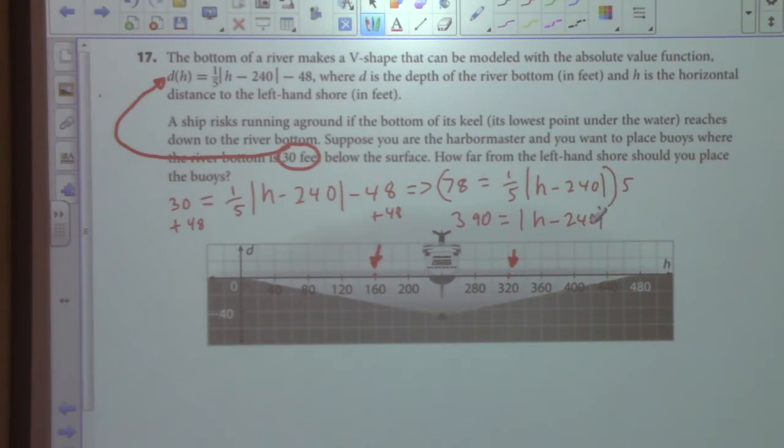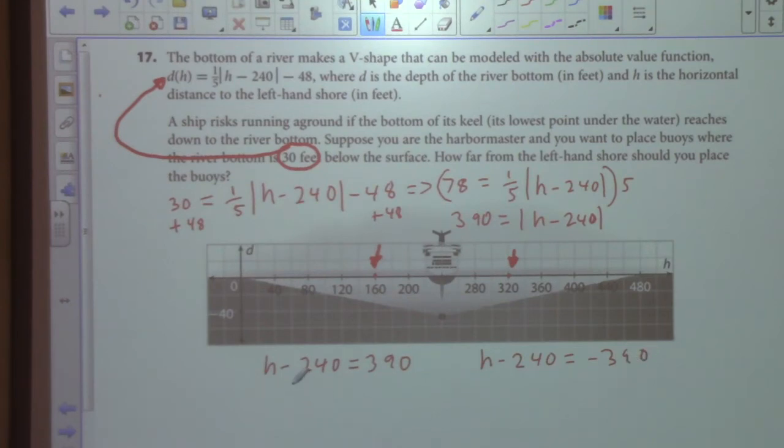And how do we separate this out? How many equations do we get out of this? Two. The first equation is h minus 240 equals 390, and also h minus 240 equals negative 390.